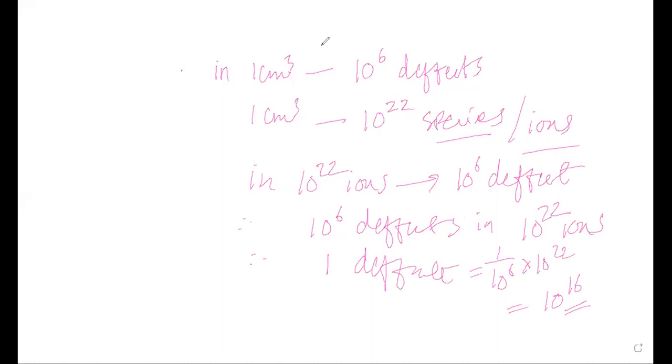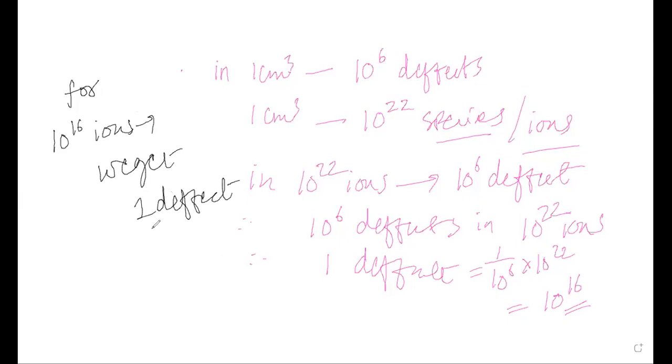So we can say that for 10 to the power 16 ions, we get one defect. So one defect per 10 to the power 16 ions.